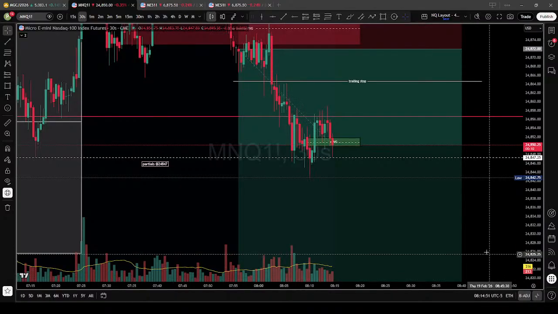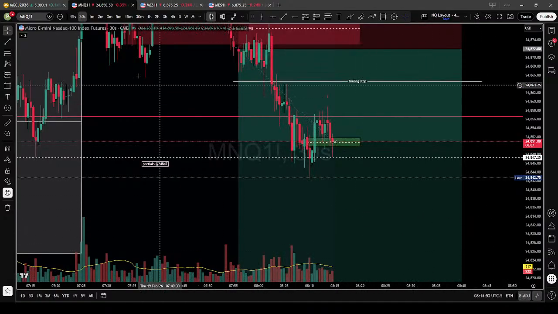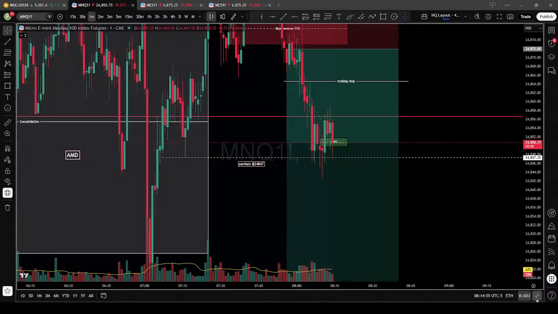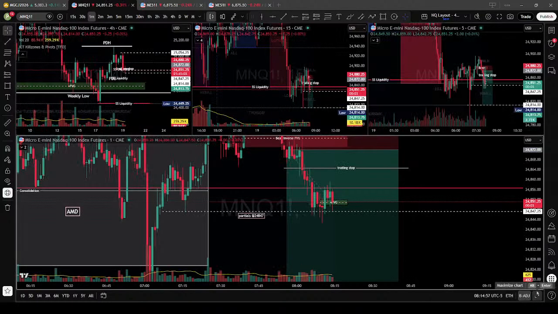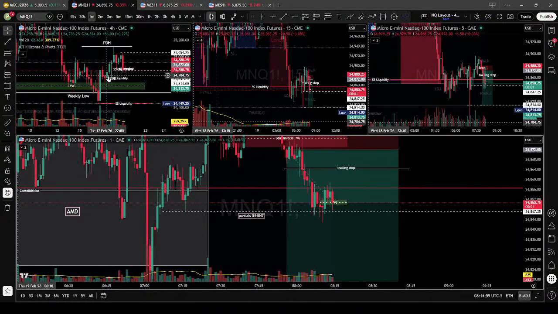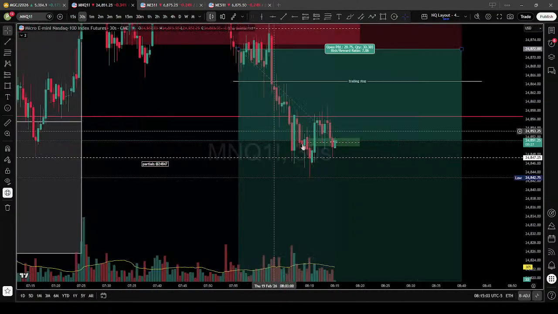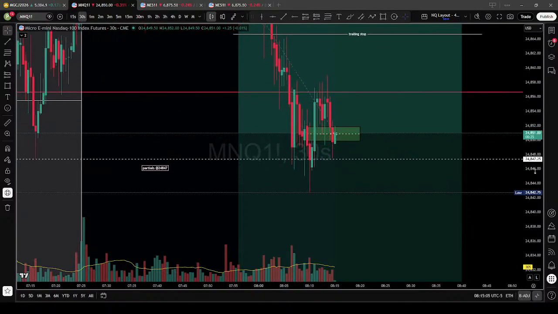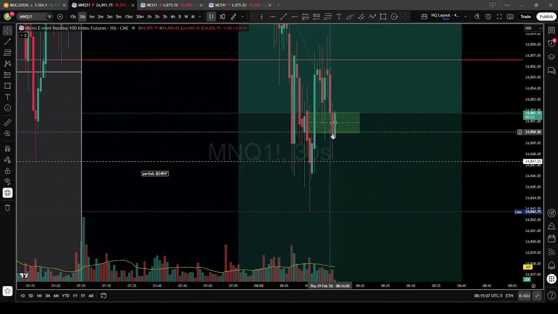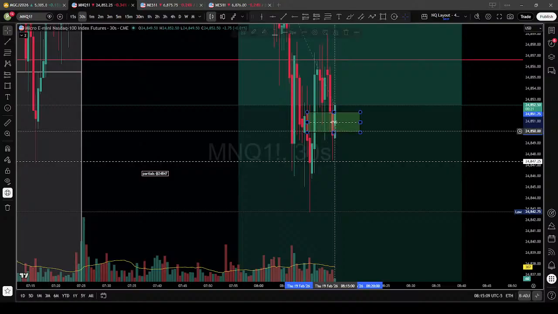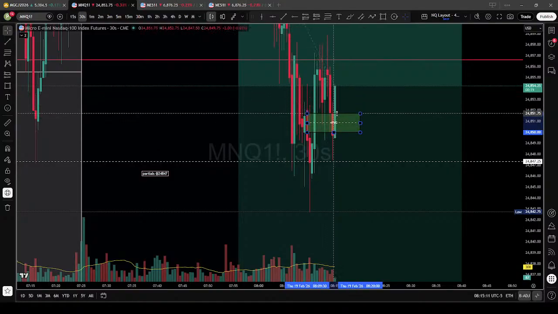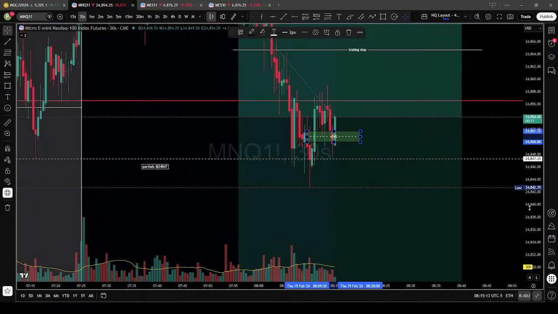The 15-minute candle closes in 10 seconds. Still red, everything's still red. Yeah, the candle did close below this fair value gap now. Should be looking for a downside move. So we're claiming this fair value gap.